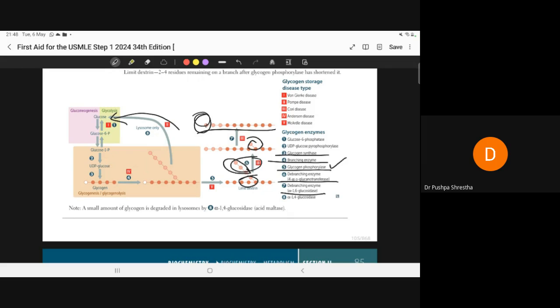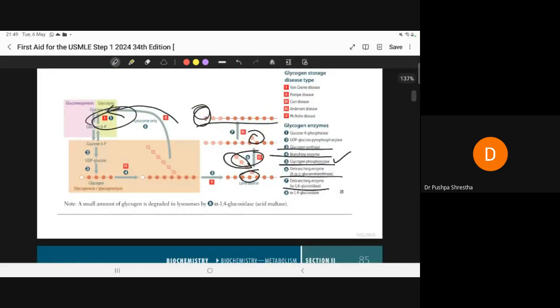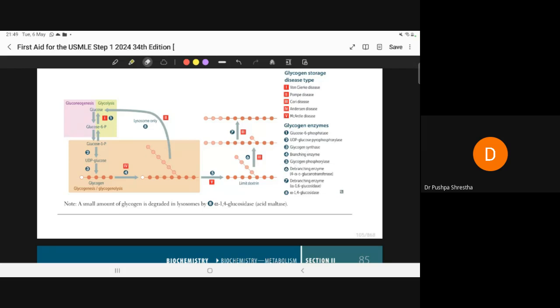And if you remember, I told you that your enzyme glucose 6 phosphatase facilitates the conversion of glucose 6 phosphate into glucose and helps it exit. Okay, so if you have deficiency here, you can again have a glycogen storage disease, which we will talk about in a second. Okay, this whole pathway you should keep in mind, and it's quite easy also.